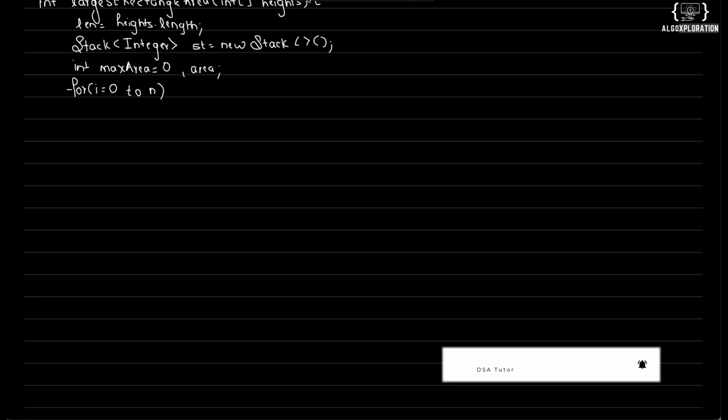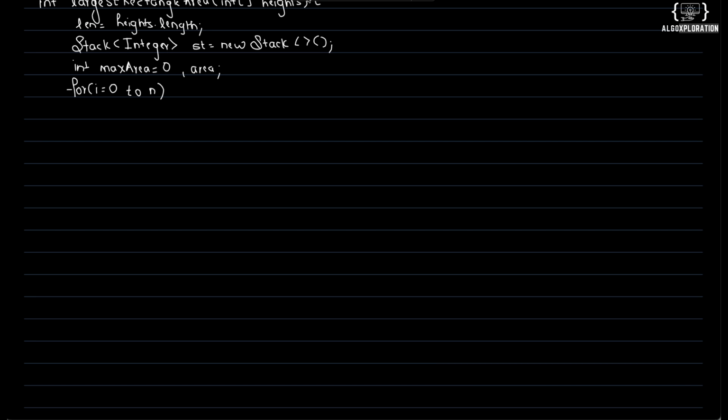Now if any current block has height lesser than the top of the stack, over there I need to pop it. So I will have a while loop. First I'll check if my stack is empty or not. If it is not, then only I will do that operation. So height of stack dot peek.